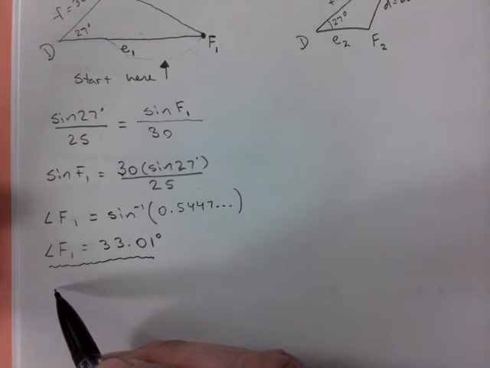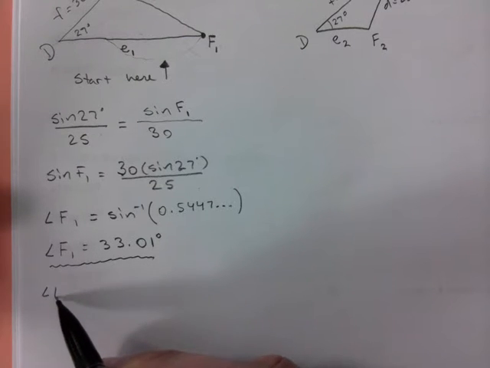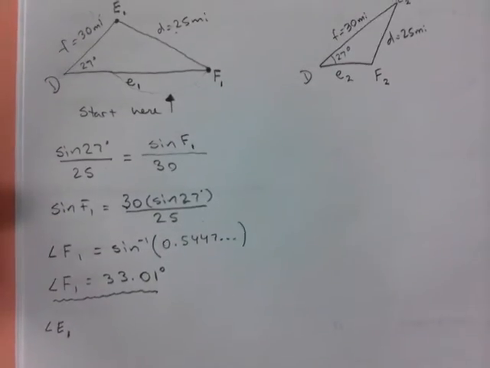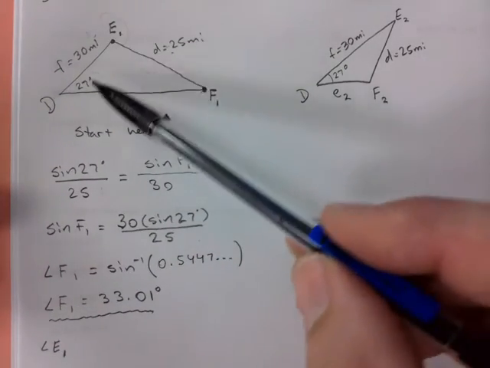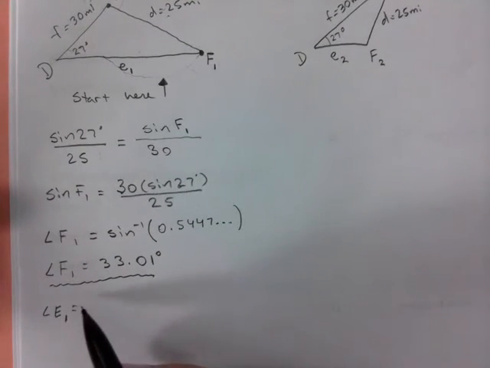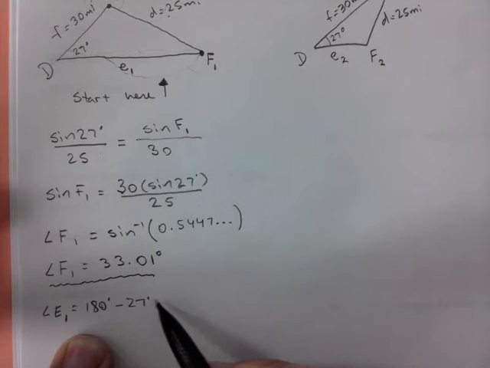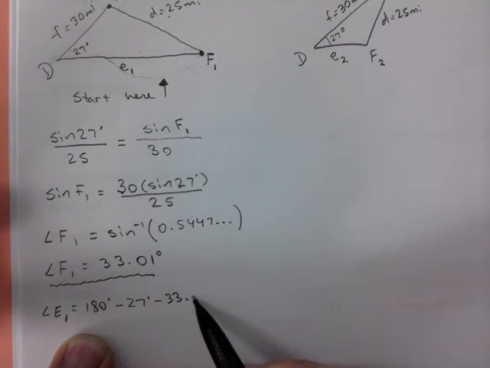So we have F1. We can now find angle E1. I can find E1, right? Because I have two angles now. I can find that third one. Just use sum of 180, right? So 180 minus 27 minus 33.01.